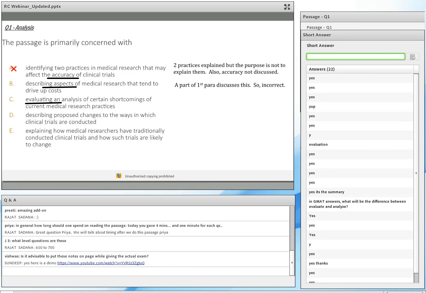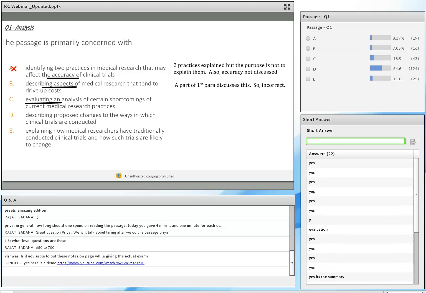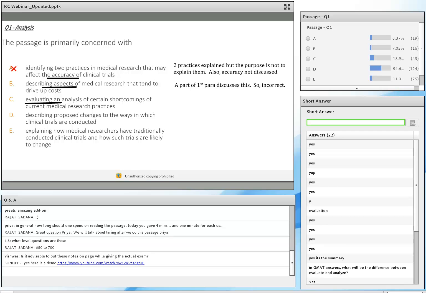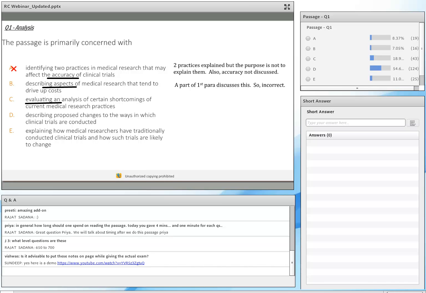When you look at this choice, this is a really loaded choice, and it's really important that you understand this. Evaluating an analysis of shortcomings, and the way you look at it is the same way you look at a mathematical problem with BODMAS. So you really say, does the author talk about certain shortcomings of current medical practices?